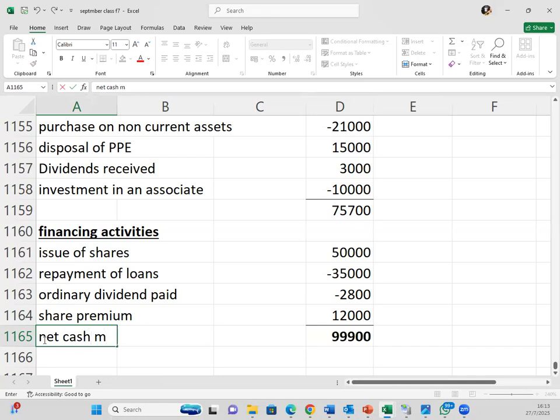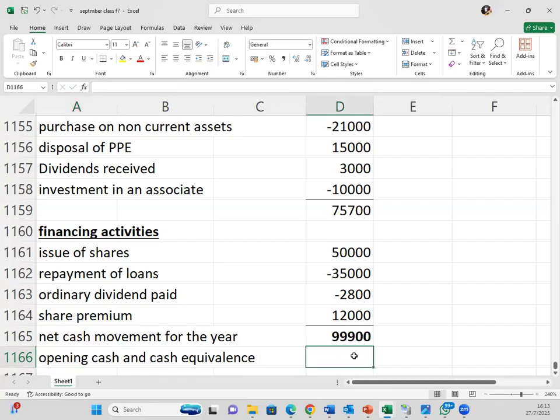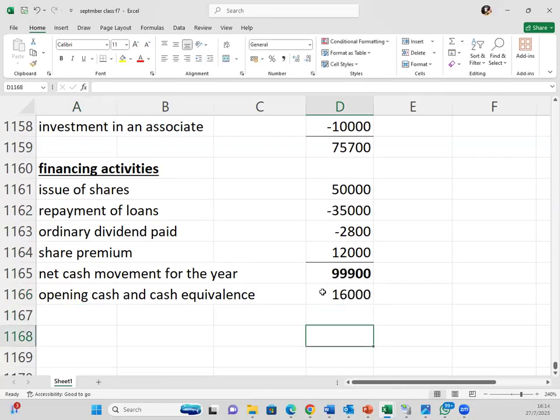We then add the opening cash and cash equivalents, which could be, let's say, 16,000. Then we get the closing cash and cash equivalents.